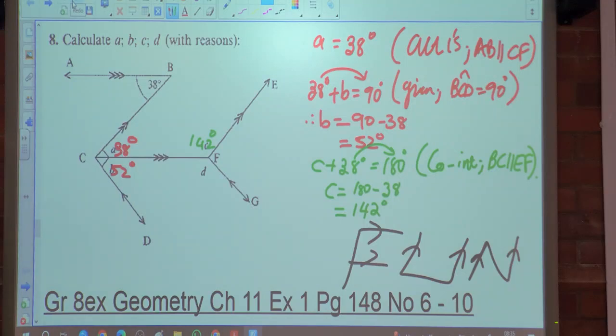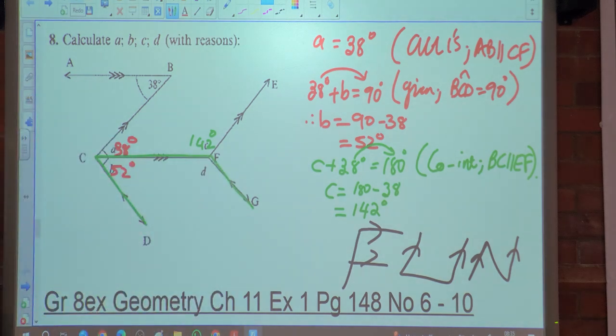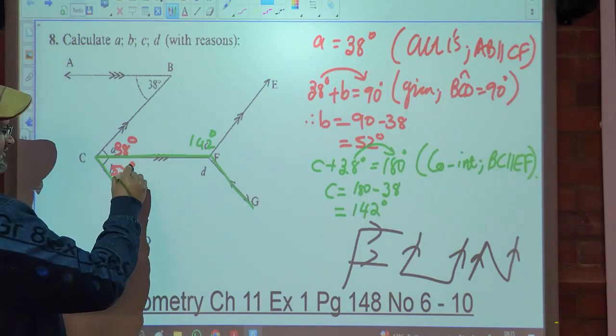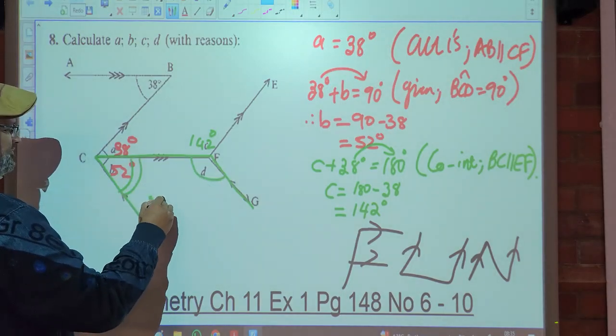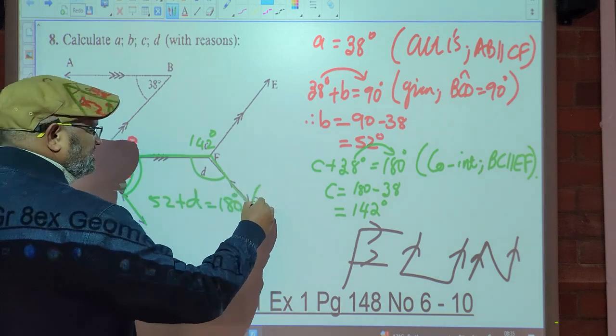Are you going to calculate D? Again, co-interior. Can you see that it is lying this way now? You see that, people? So we got 52 plus D is equal to 180. Why?